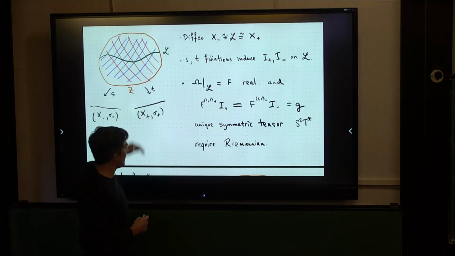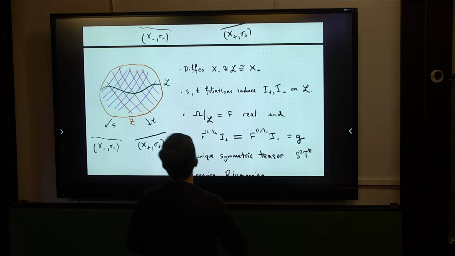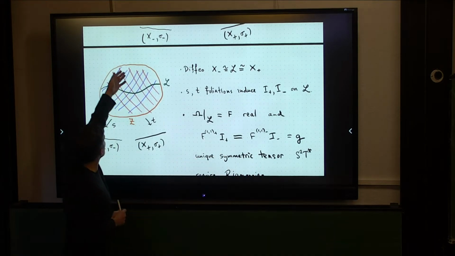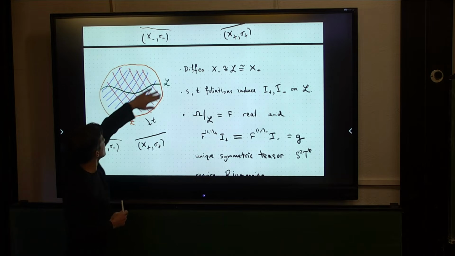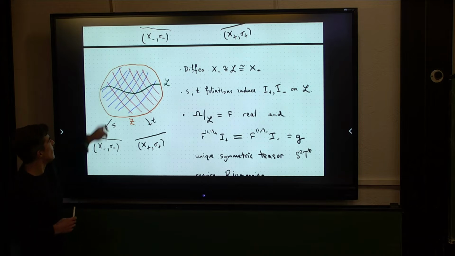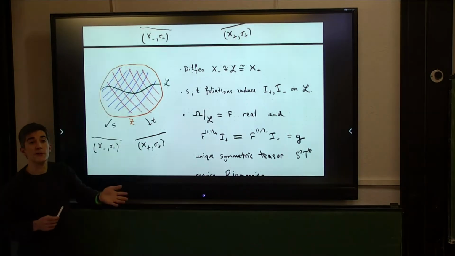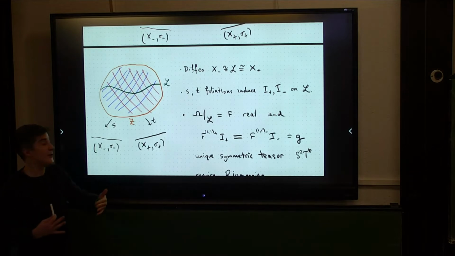And then the interesting thing that happens is that this is a complex manifold, and these two foliations, the red foliation and the blue foliation, which are the fibers of these two maps, are genuine holomorphic foliations.